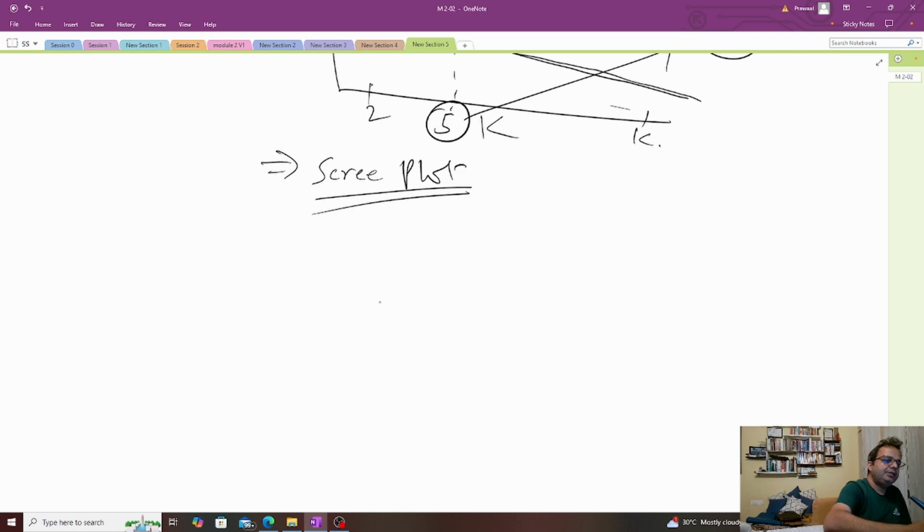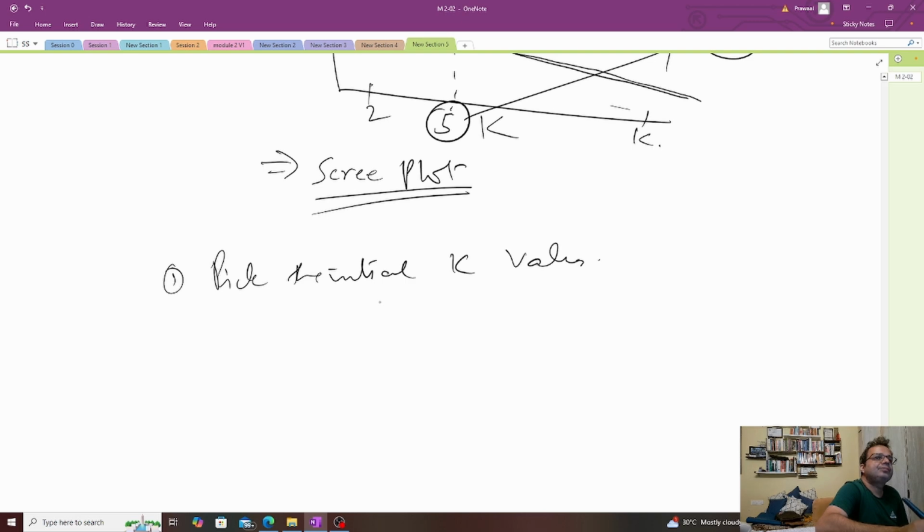Now the GARP also has a small reading on whether there is any means to pick the initial k values so that your clusters are of better quality.